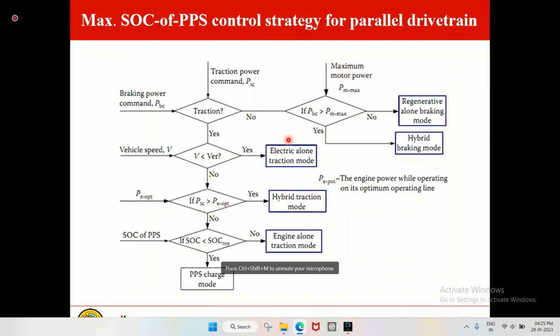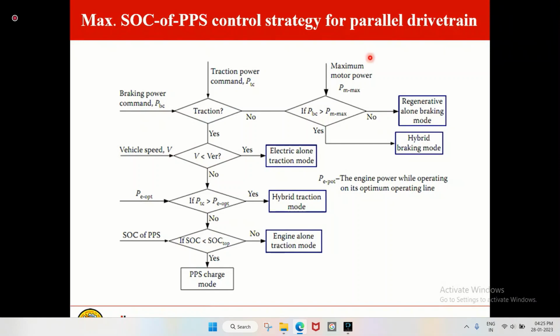So again, due to the time constraint, I will not get into this control chart. But what I want to show here is again a control strategy, the max SOC of PPS control strategy, but now we are talking about the parallel hybrid drivetrain.